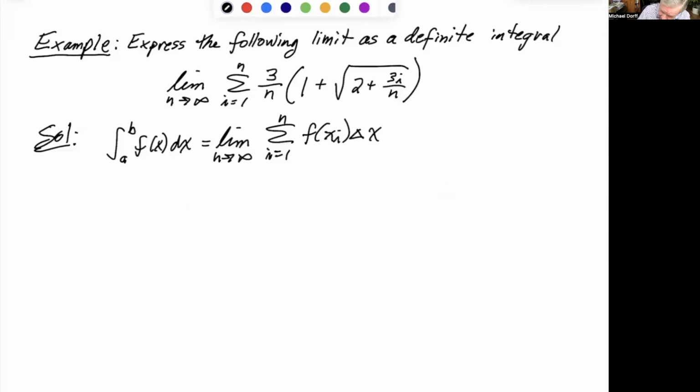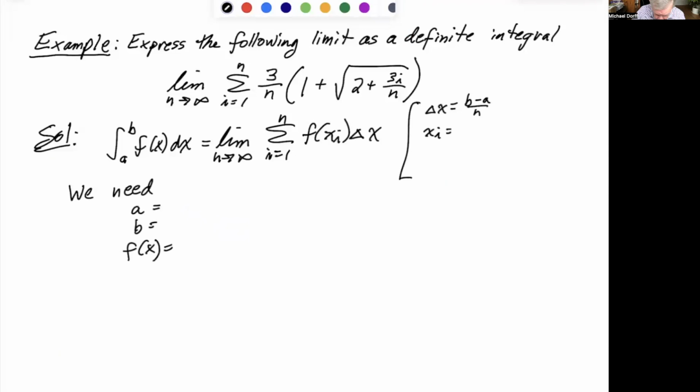In this case, we're trying to find the integral, so we need a, b, and f of x. And let me also put in here, this would be helpful, that delta x equals b minus a over n, x sub i equals a plus i delta x, and we have f of x sub i.